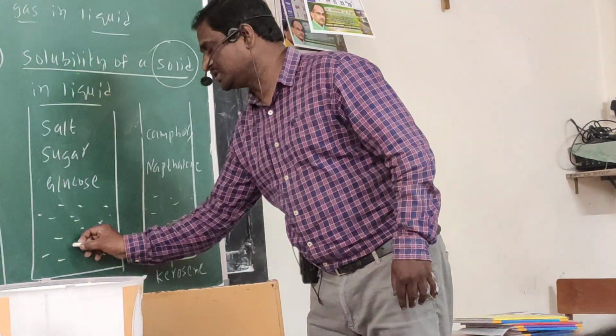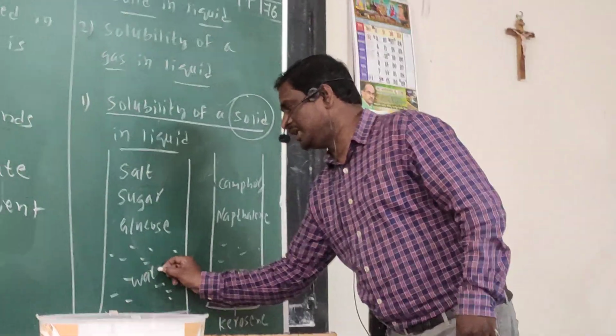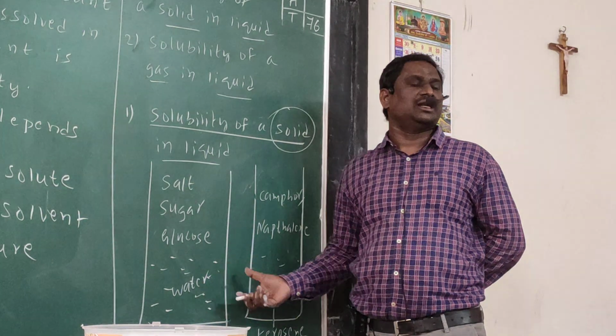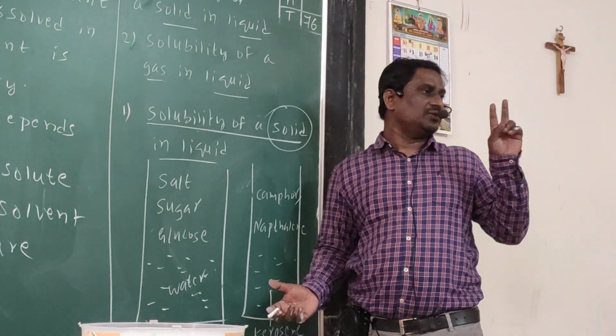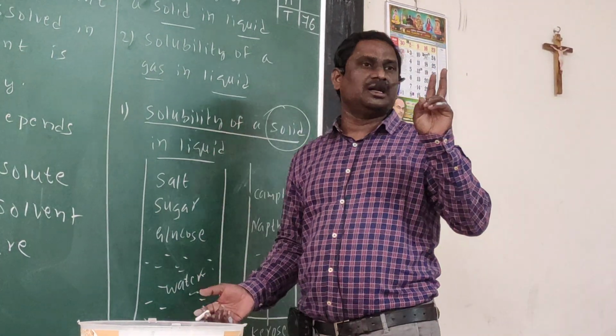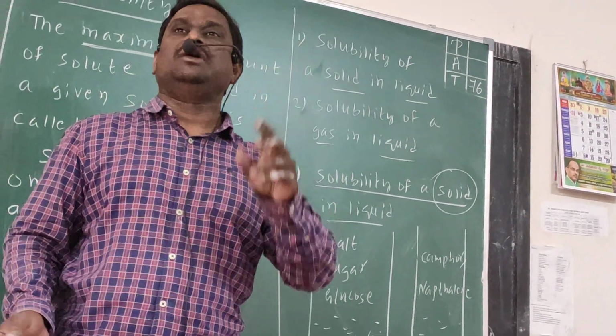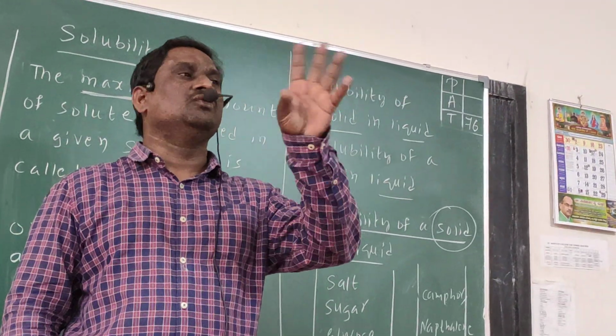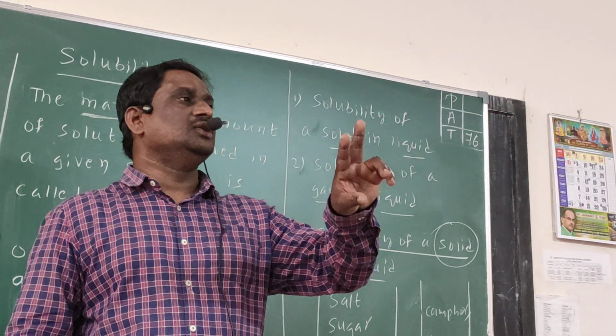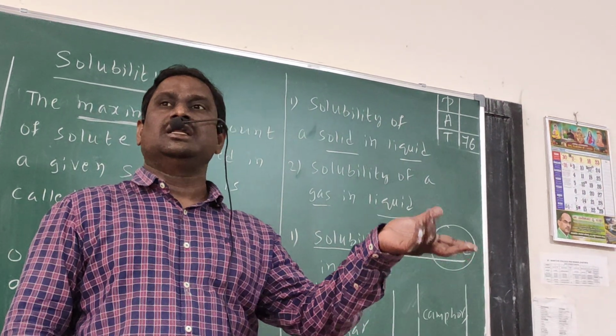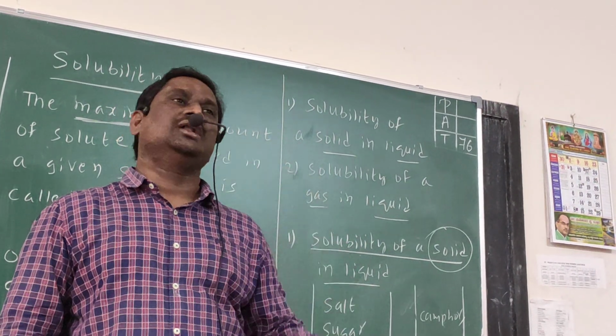Similarly, salt and sugar dissolve in water. So what are you understanding here? Some dissolve in water, some dissolve in liquids other than water. That's why they have divided them into two types: polar solute and polar solvent, non-polar solute and non-polar solvent.